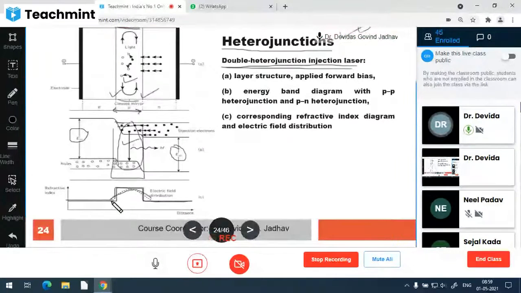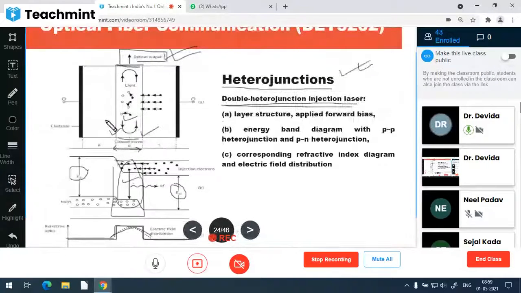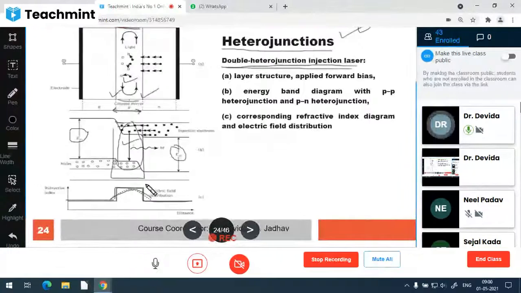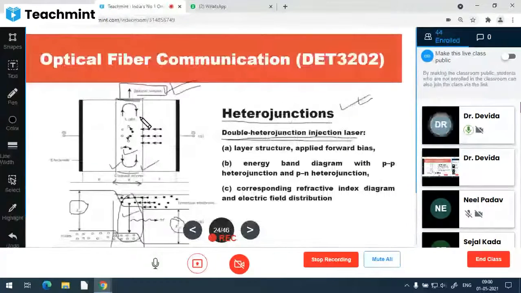At the same time, a large electric field is generated only in this region, and not in the other regions. So all the charged particles get concentrated into this region, because atoms going from the lower energy state to the higher energy state by population inversion or pumping is possible with the help of the electric field only. So this electric field makes the pumping, and pumping is made only in the active region and not in the other two regions.